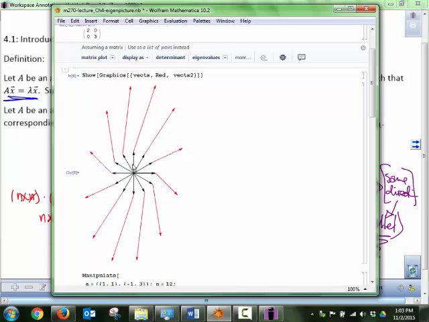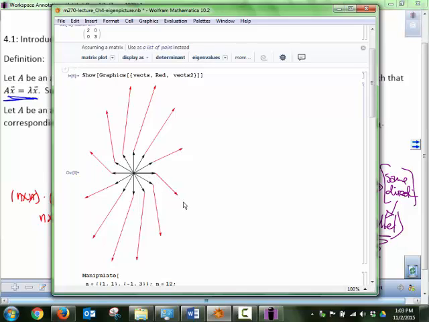So this vector over here, I would probably call this a vector 0, 1, this vector that's going up. If I apply that vector to this matrix, I'm going to get a new vector that's going in a slightly off direction. If I have 1, 0, I have another vector that goes down like that.